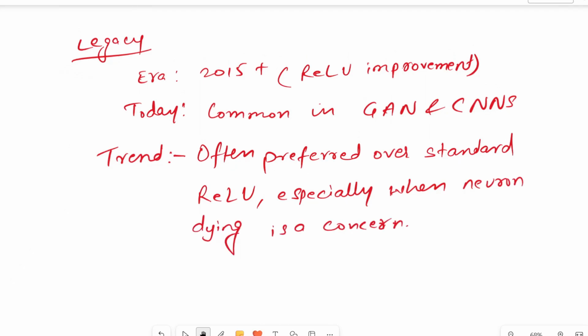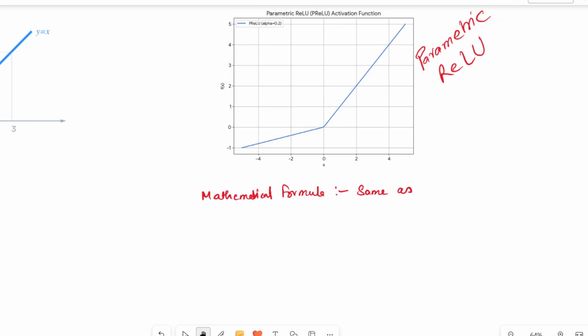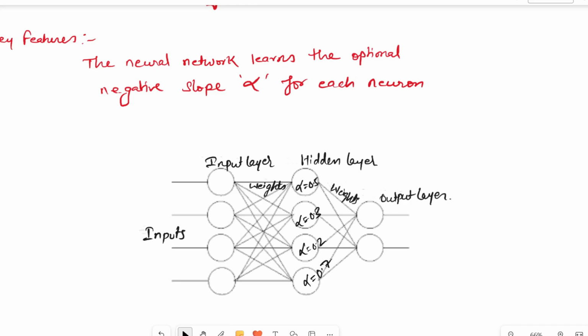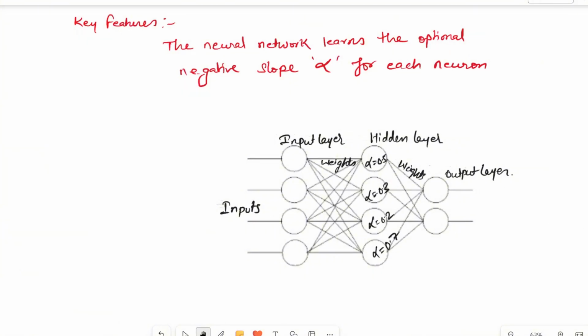Parametric ReLU takes leaky ReLU one step further. Instead of you choosing the slope for negative values, parametric ReLU lets the network learn it during training. Each neuron can even learn its own unique slope. Therefore, the neural network learns the optimal negative slope for each neuron.